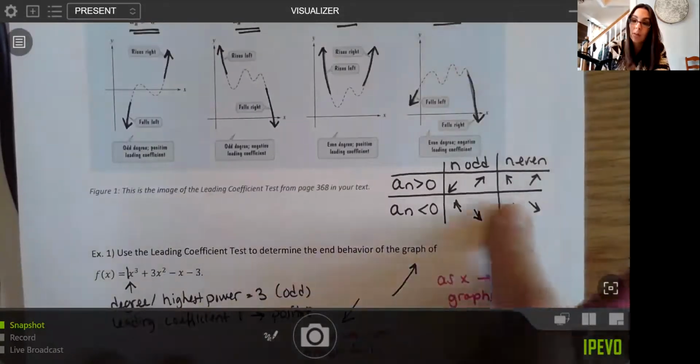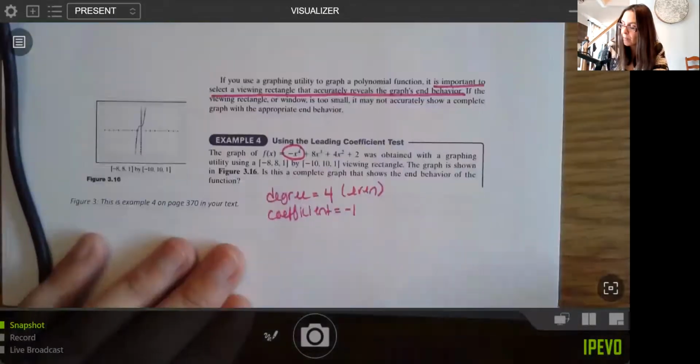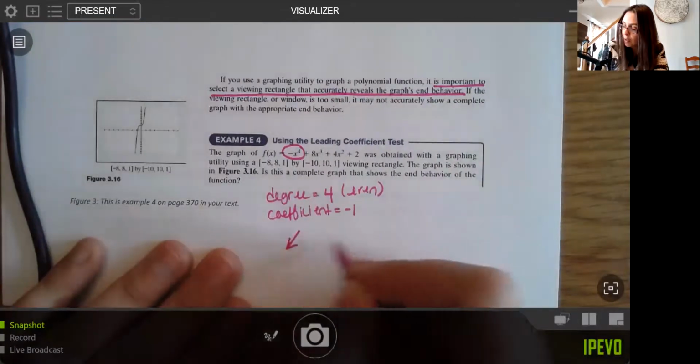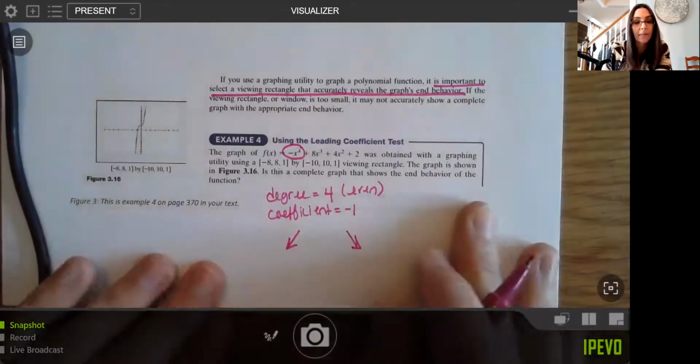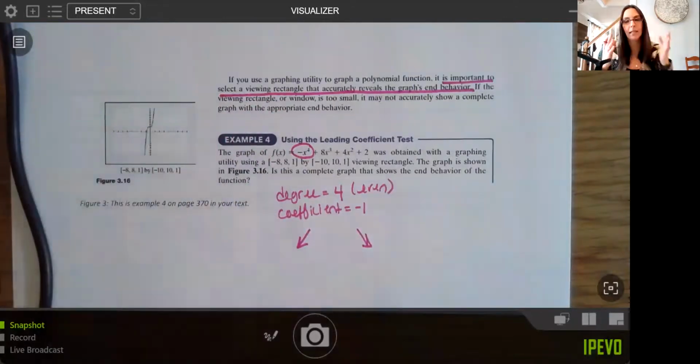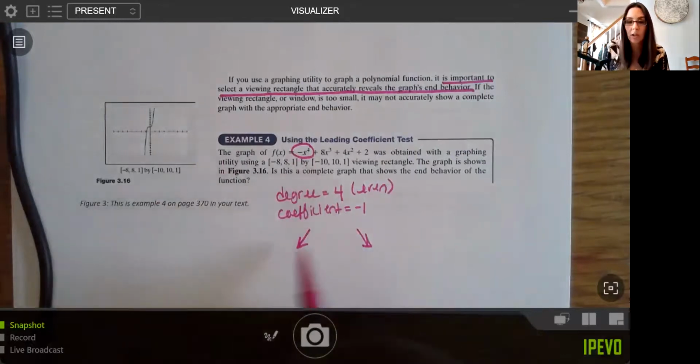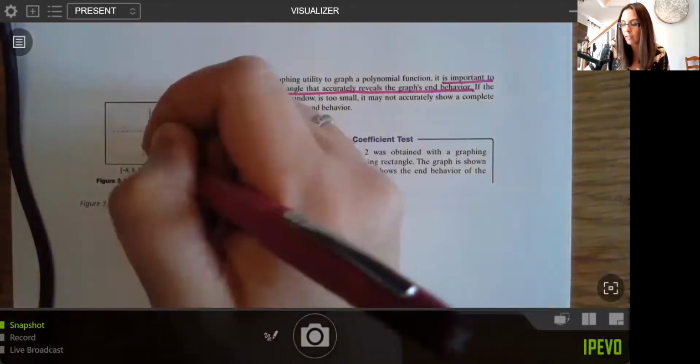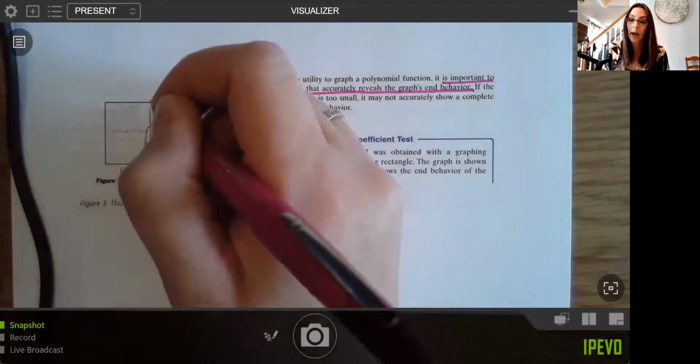My coefficient here is negative, so both ends of my graph should be going down. So the end behavior of the graph should be falling both left and right. If I look at this viewing window, I can tell right away that I'm not seeing enough of the graph. I know based on the equation that both sides should be falling, and here it looks like this side is falling, but this side is going up.